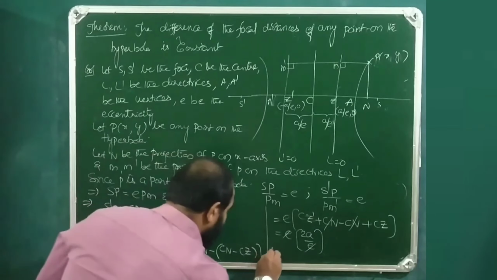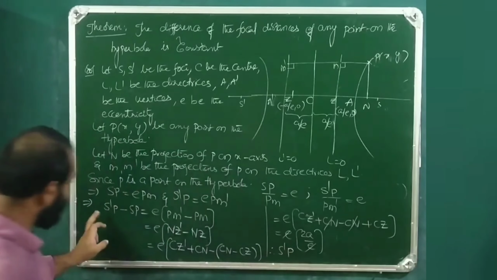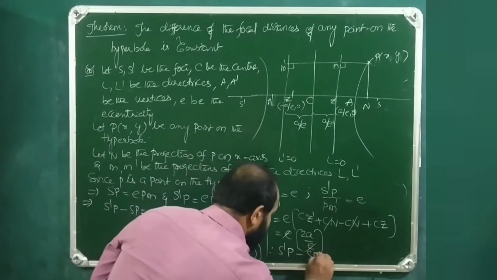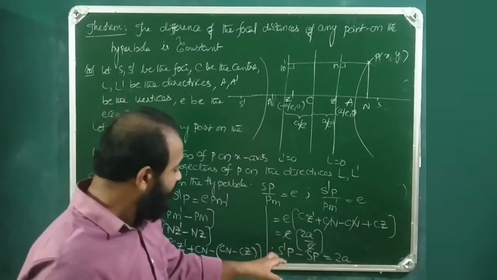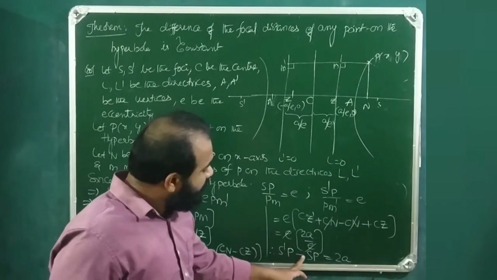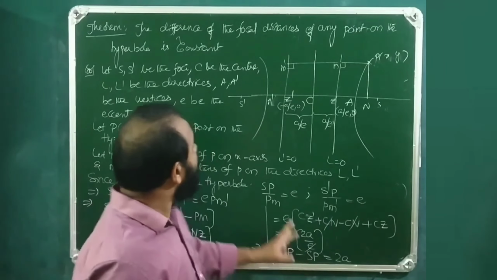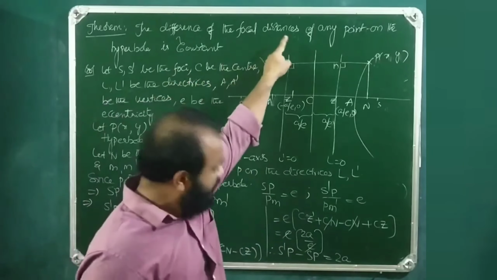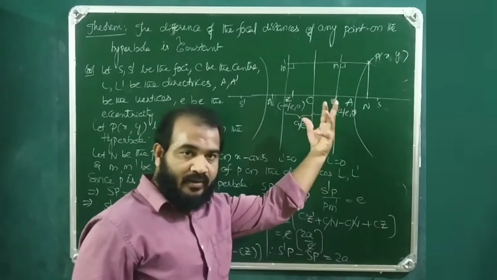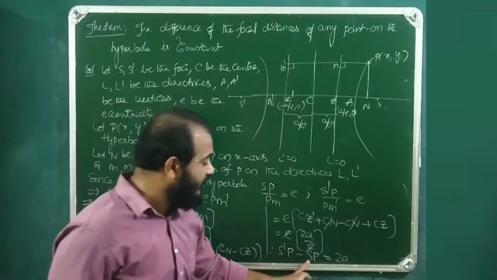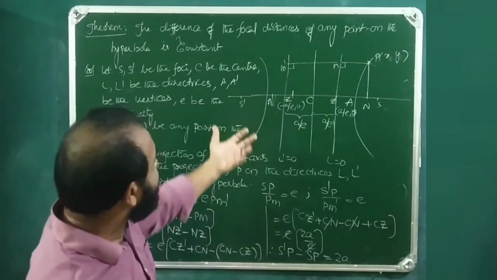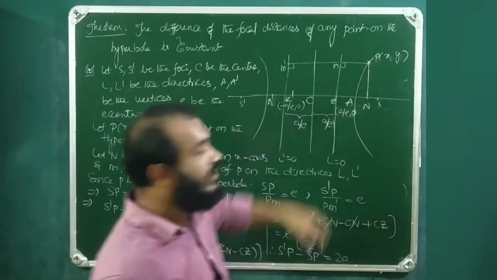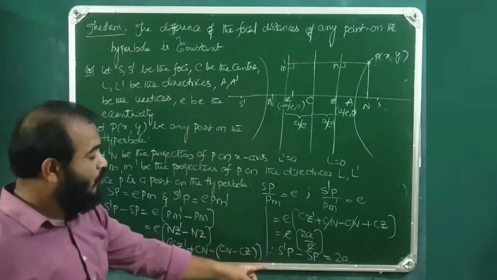Therefore we get S dash P minus SP equals 2a. But in the ellipse we have seen the sum of the focal distances S dash P plus SP equals 2a. Here S dash P minus SP equals 2a. The difference of the focal distances of any point on the hyperbola is constant.